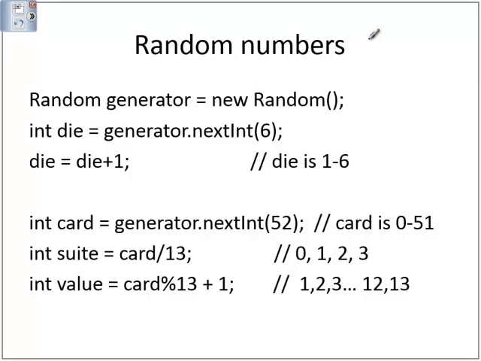So we're declaring a variable called generator, of type Random, and we're creating a random number generator. To actually generate the number, we call the nextInt method on the generator, and that gives us back a number that we're going to put into the integer.